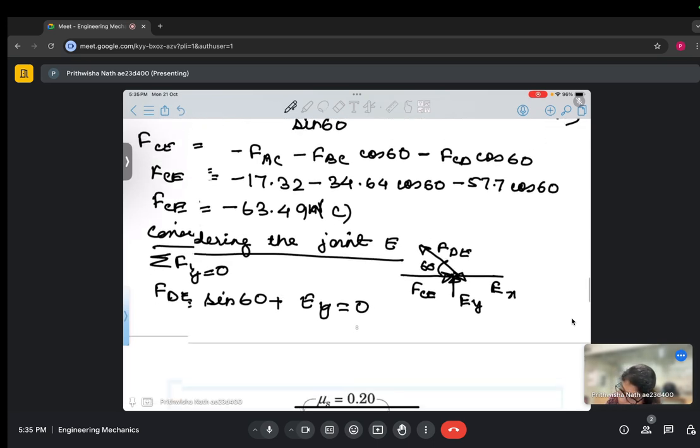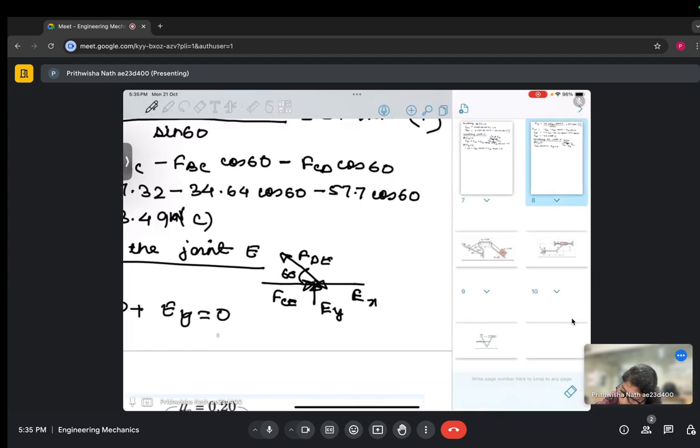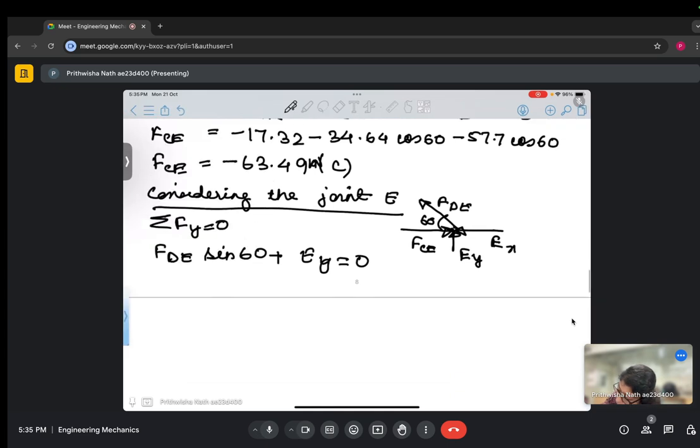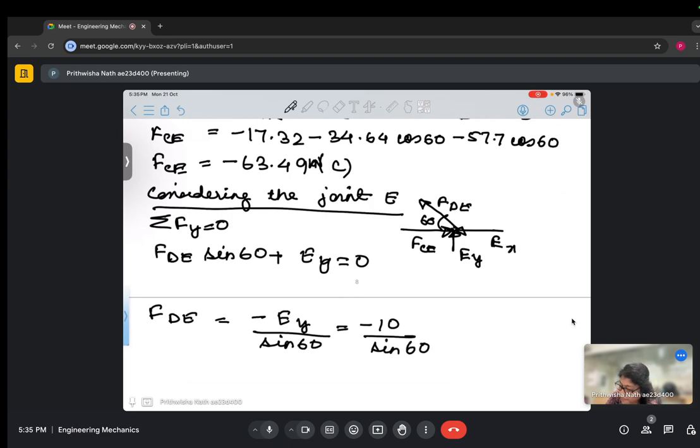Therefore we can write FDE equals to minus of EY divided by sin 60, and EY is nothing but 10, so 10 divided by sin 60, which is 11.55. So this implies that this member is under compression.